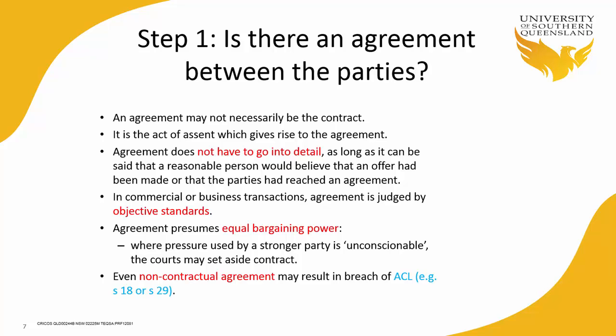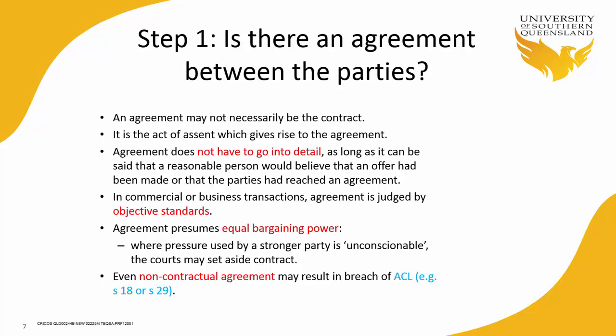Okay. Now sometimes even non-contractual agreements may also result in breach of the Australian Consumer Law, and we'll talk about this consumer law in some more detail in later chapters. But keep this point in mind that sometimes even if it's a non-contractual agreement, because it's imposed on you by law, this is sometimes what we also call quasi-contracts.